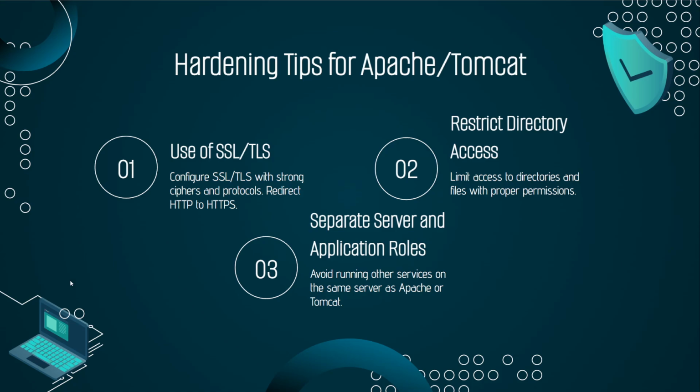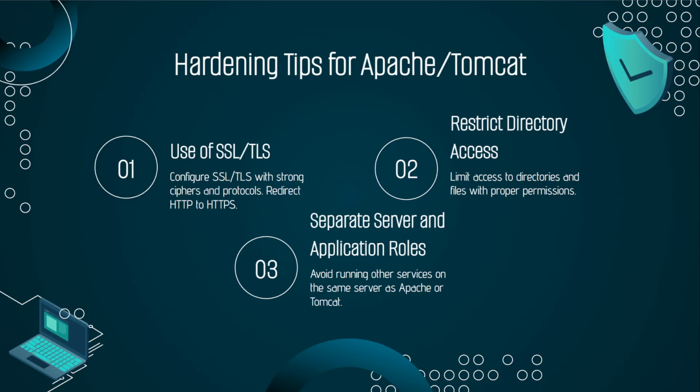The Apache HTTP server, or simply Apache, is one of the most popular web servers in the world. It is open source, highly customizable, and capable of serving web content. It's often used to host websites, handle HTTP requests, and process client-server interactions.